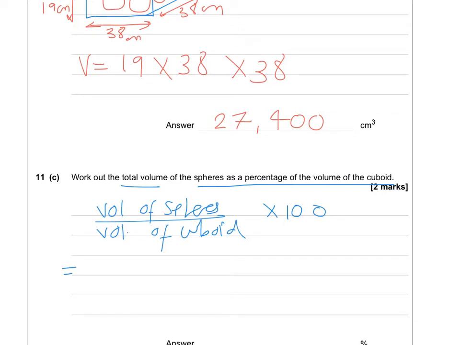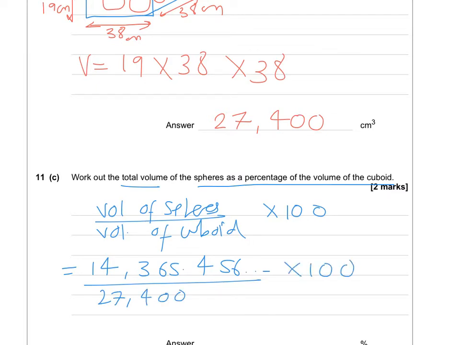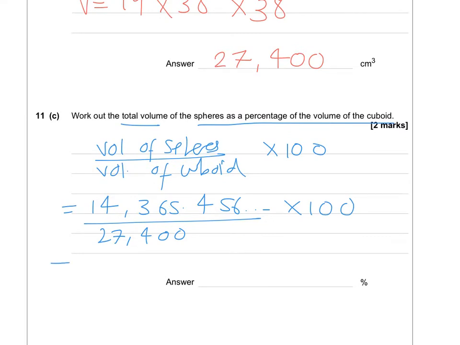So the volume of the spheres, we're going to use the unrounded value of 14,365.456 over 27,400 and multiply that by 100. This comes to a value of 52.428... So our answer is going to be 52.4% to 3 significant figures.